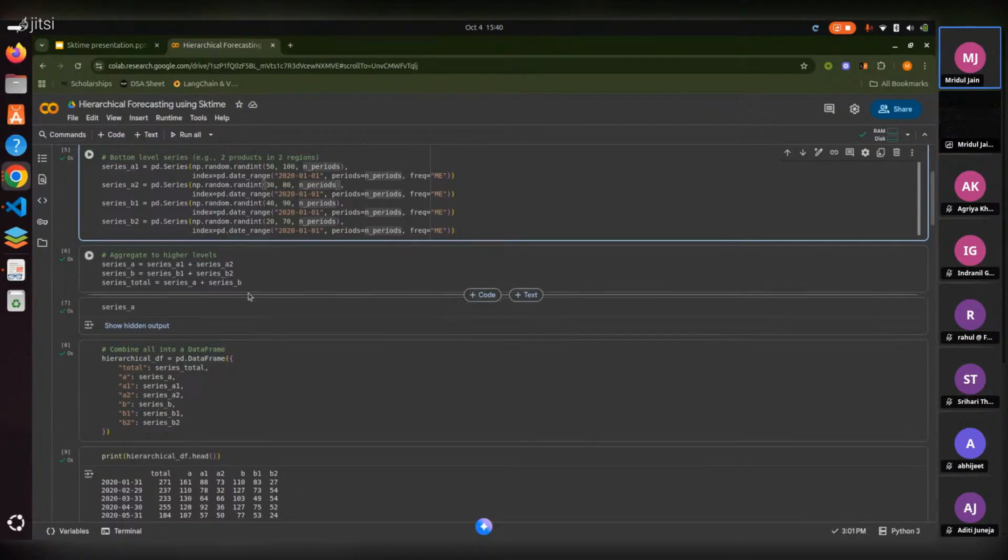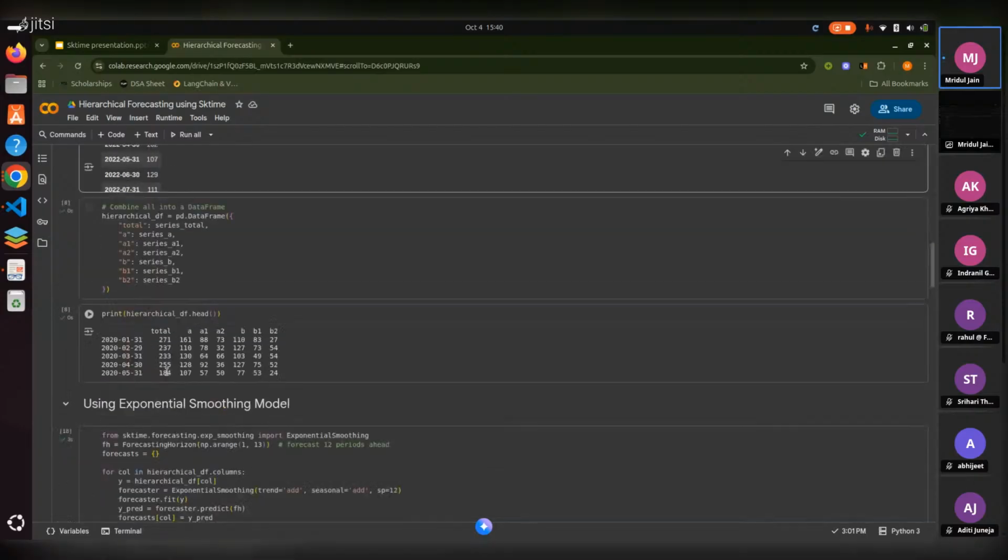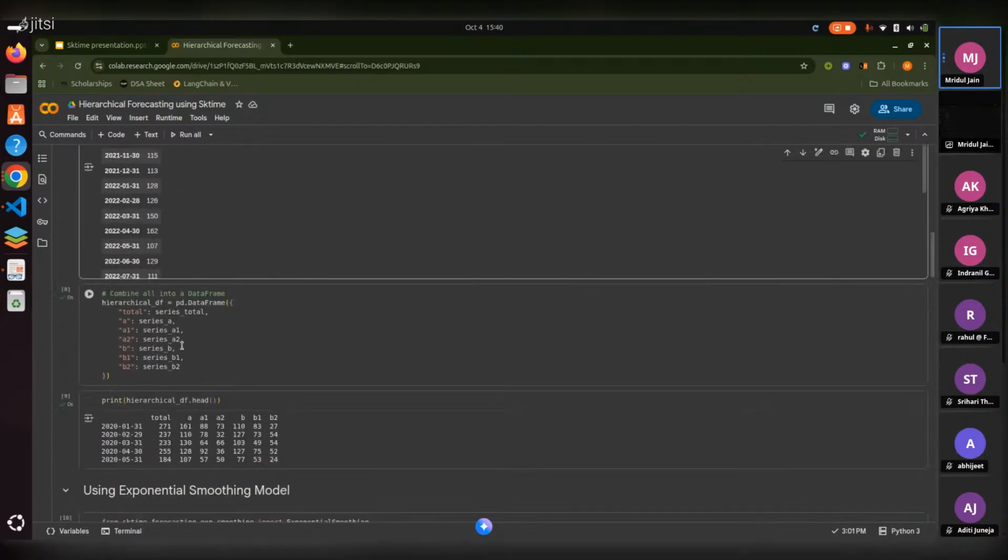Now, for example, I've printed the series A dataset, and this is how the series A dataset looks. You have a range of dates, and then you have values, and this is across all 36 periods, right? And now we convert this to a pandas data frame because it's easier to work with pandas data frames.